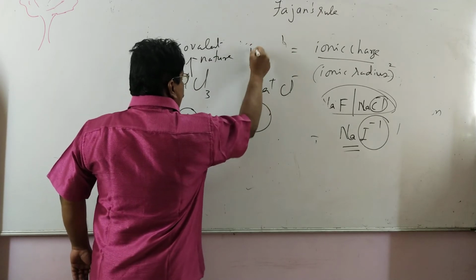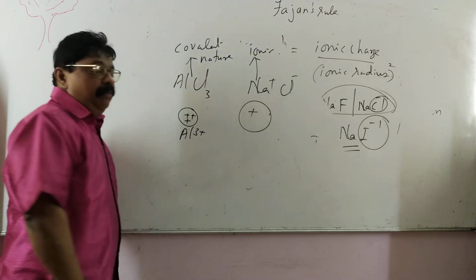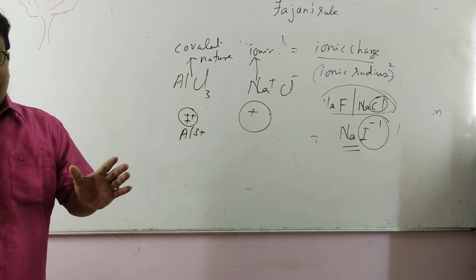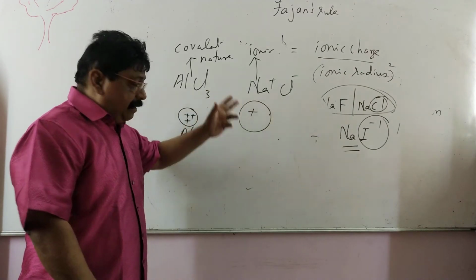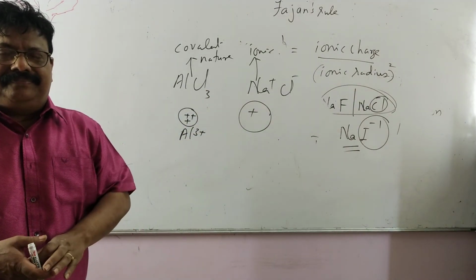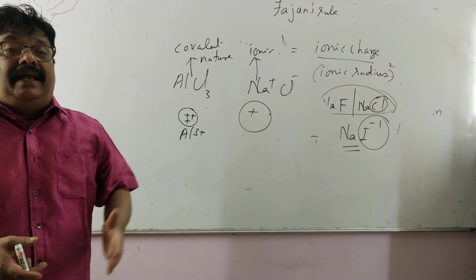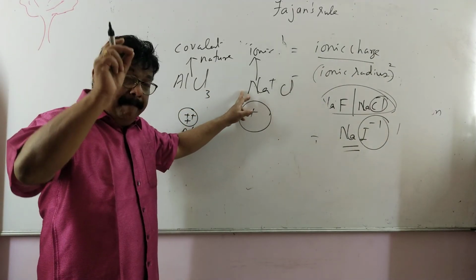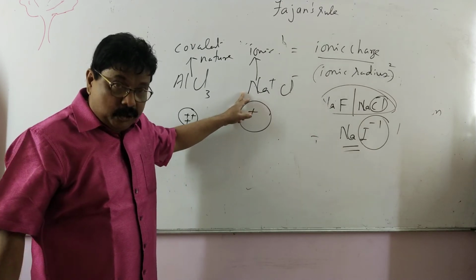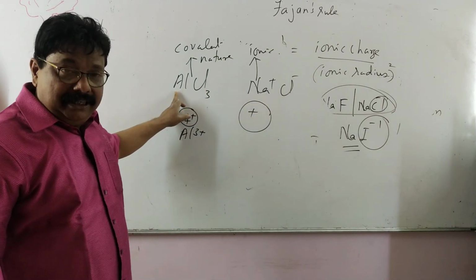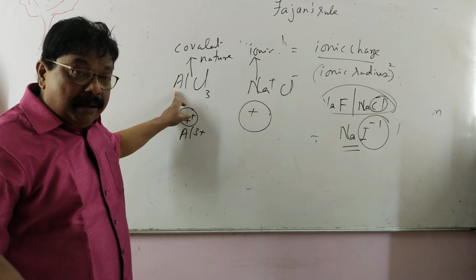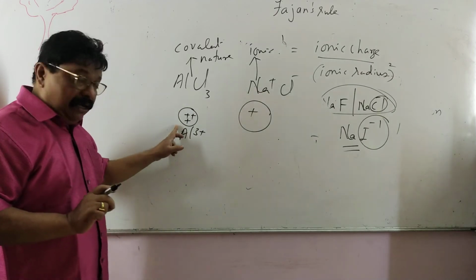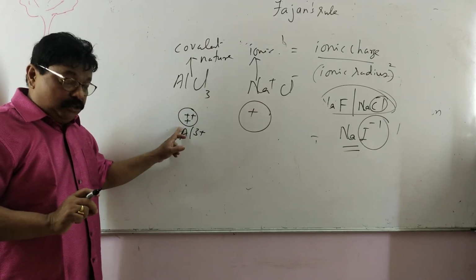Whereas NaCl is, sorry, an ionic compound. NaCl is a purely ionic compound. If you compare the conductivity of these two, which will conduct more electricity? Definitely NaCl will be a good conductor in solution as compared to AlCl3. Why? AlCl3 develops partial covalent character because of the smaller size of aluminium 3 plus, polarization, distortion of the electron cloud.